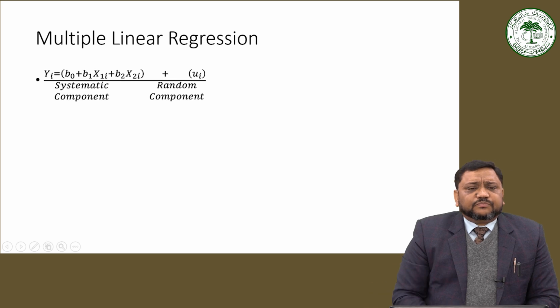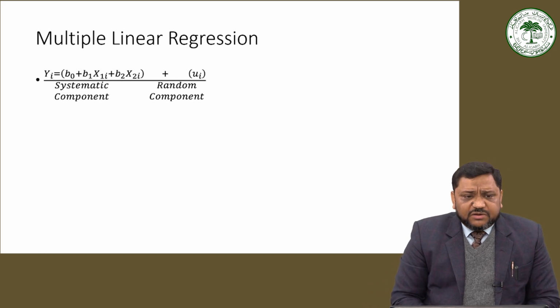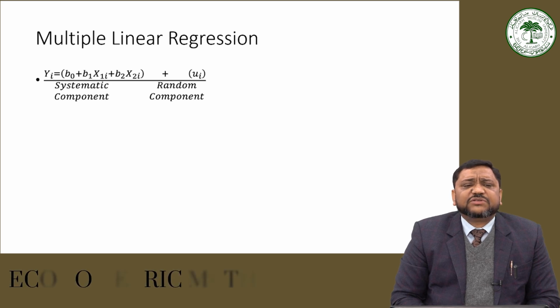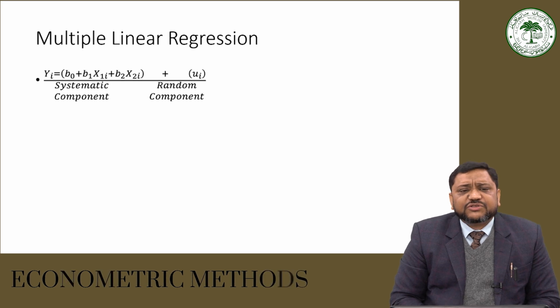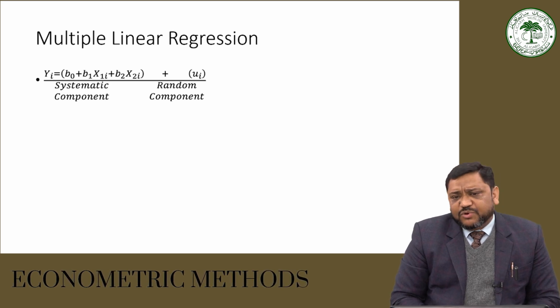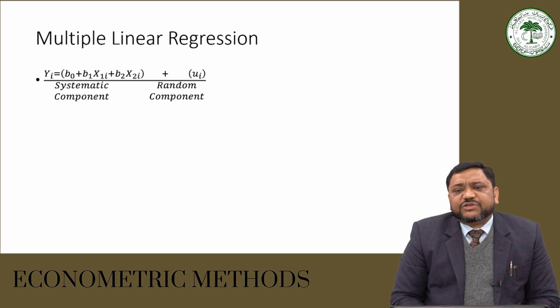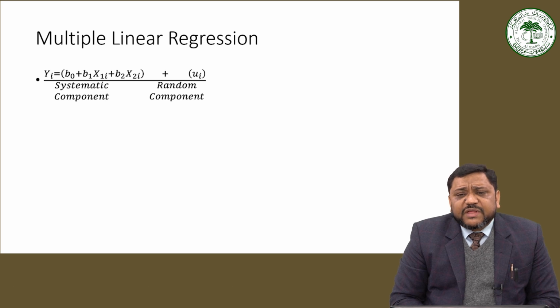Now, the first part, beta naught plus beta 1 x1i plus beta 2 x2i, is your systematic component, and the second part, ui, is your random component. However, if we gather observations on these variables during a certain period of time and plot them on a diagram, we will observe that not all of them lie on the same plane.